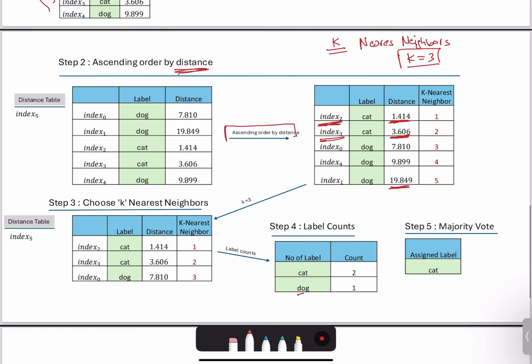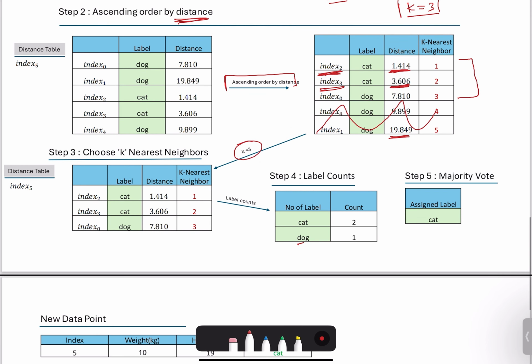When you set K as 3, you consider the first 3 closest data points and disregard all the other data points. You can see that here in our new table for K equals 3.